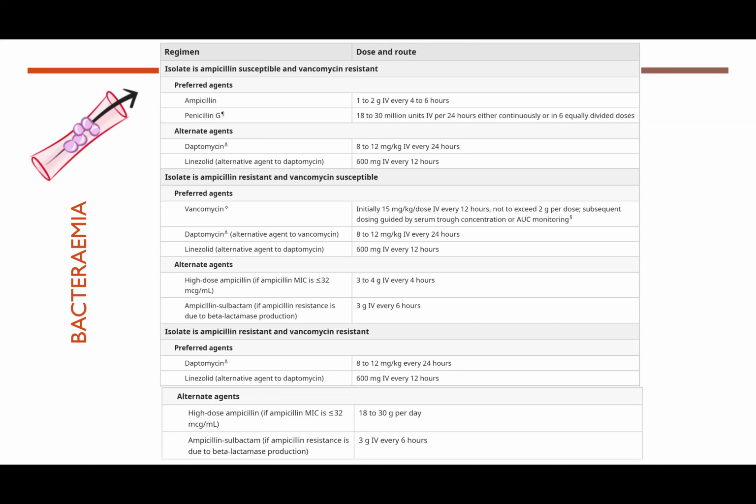Certainly in our setting, where we have very limited access to other drugs, we have tried linezolid in VRE isolates with some success. Linezolid is mentioned in the ESC texts, but because of the lack of evidence, it's not a clear-cut recommendation in their treatment tables.